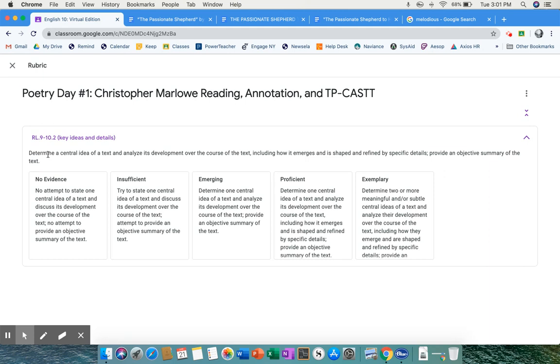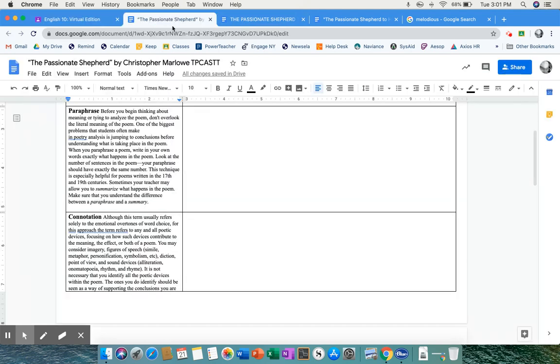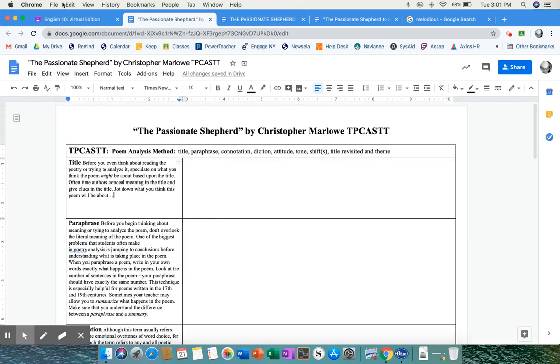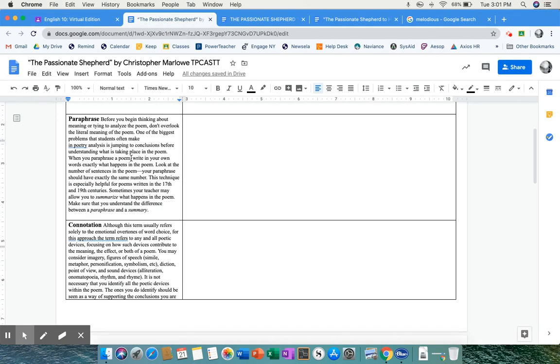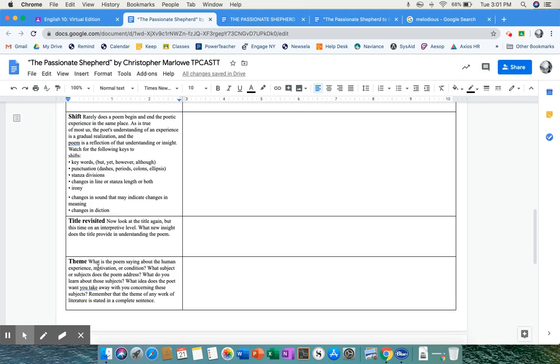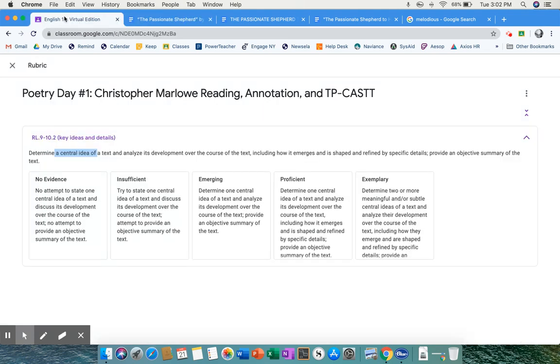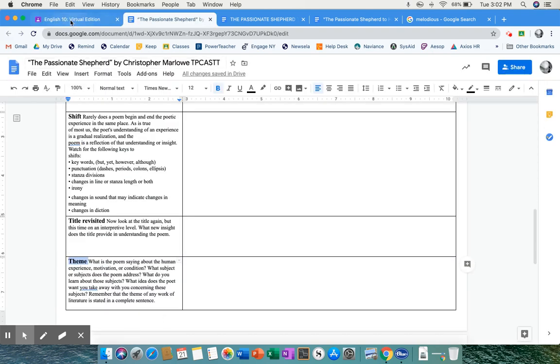So I'm going to look at your annotations and your typecast in order to really grade you on this. Your typecast is where I mostly see this, where you're identifying central ideas, in this case, theme. You're going to identify it and explain how the author develops it. And that's going to be all the rest of this.